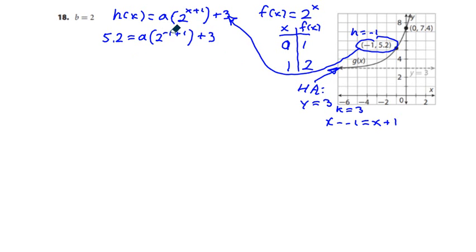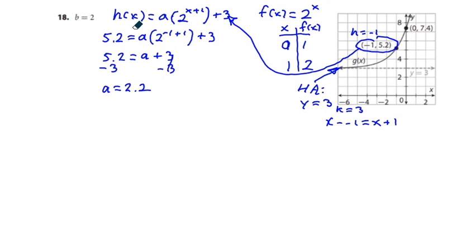Now 2 to the -1 plus 1 is going to be 2 to the 0 power, or 1. So we're going to be left with 5.2 is equal to a plus 3. And solving for a, if we subtract 3 from both sides of this equation, we have a is equal to 2.2.